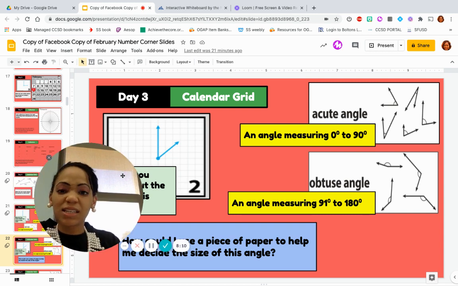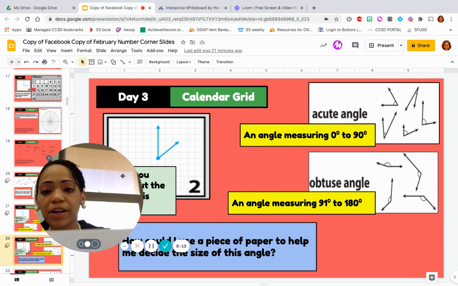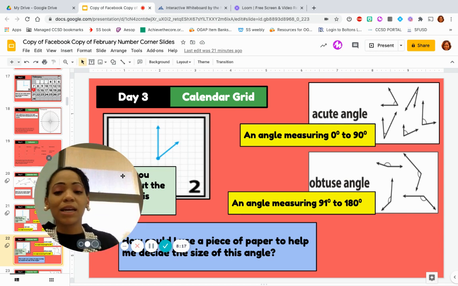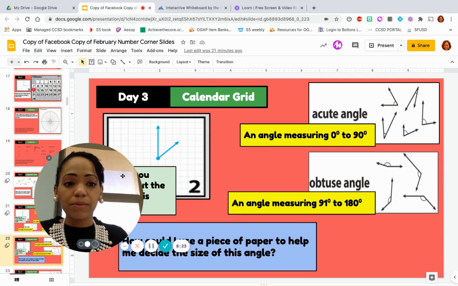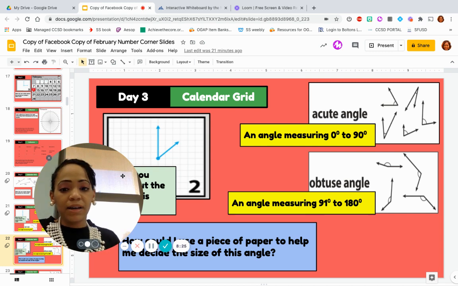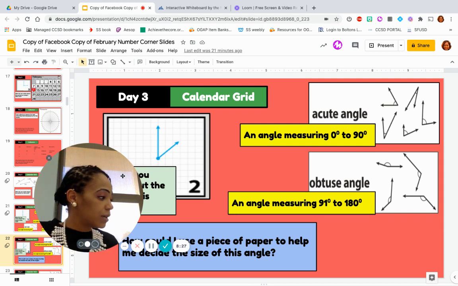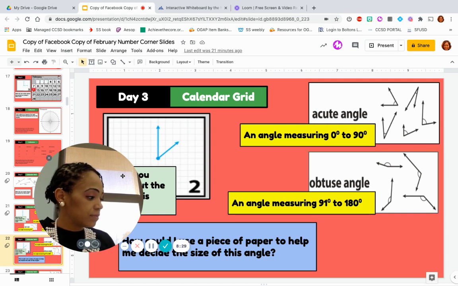Right, it looks kind of like half of it. So I could take my marker and put it over the shape, and I could see that it looks like it's going halfway through the 90-degree angle. So then what would half of 90 degrees be? 45 degrees.